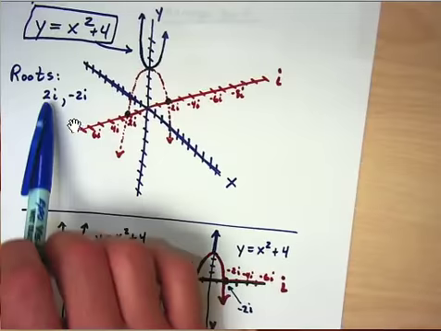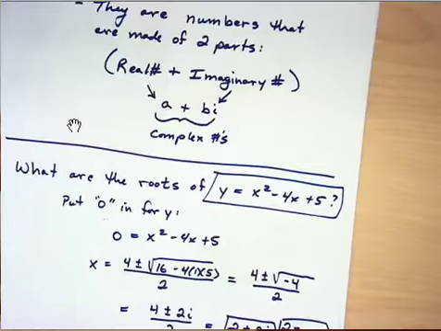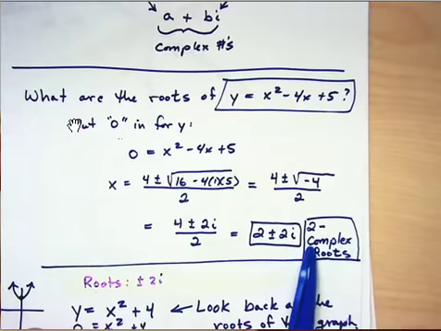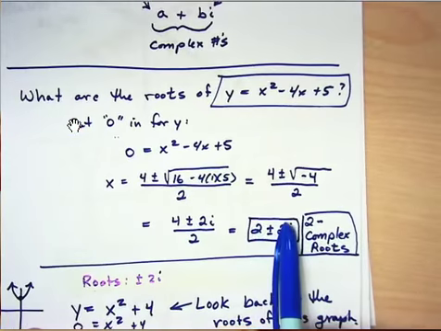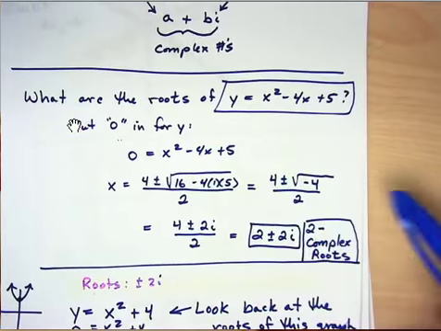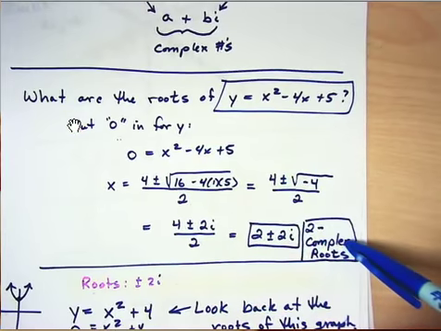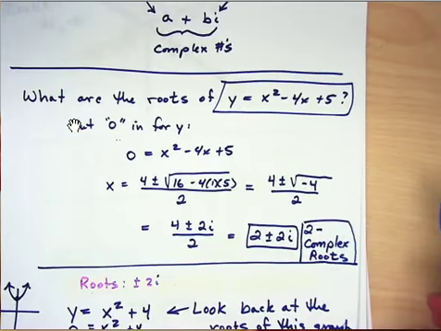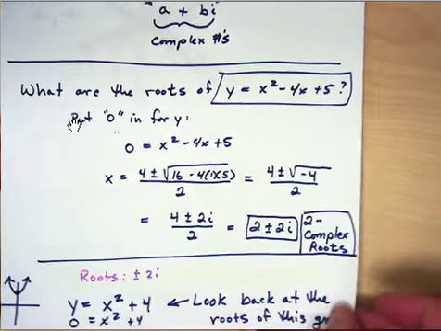Whenever you get an answer that does have an i in it, if you do the quadratic formula and you get something with i in it, you can conclude that this parabola will never touch the x-axis, because if you have two complex roots, you can never have additional real roots with it, if it's a parabola. And then the last thing I want you to take away from this is that when you saw the different kinds of graphs, you should be critical about the kinds of roots that there are.